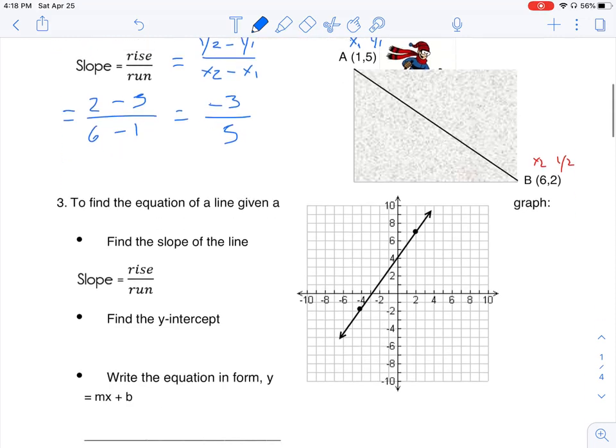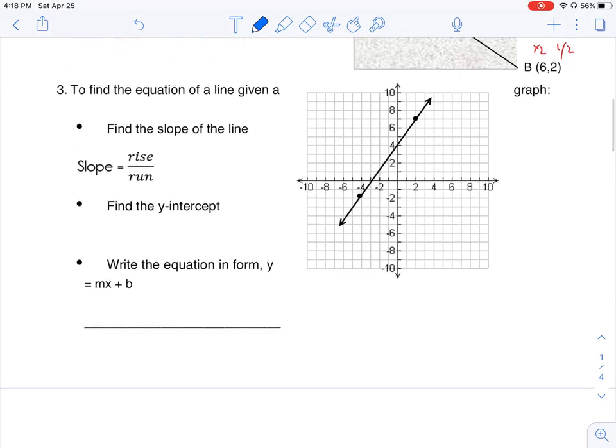To find the equation of a line given a graph, first find the slope of the line. So this is the line that we're referring to for the entirety of this question here. So the slope of the line is equal to the rise over the run.